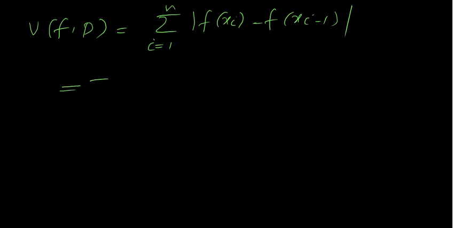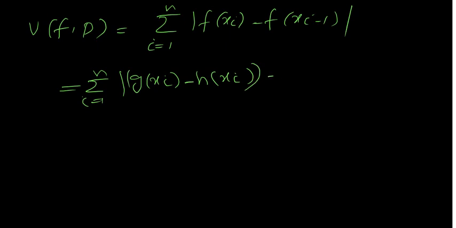This is equal to the summation of mod of, f of xi is equal to g of xi minus h of xi, because f is equal to g minus h, minus f of xi minus 1, which is equal to g of xi minus 1 minus h of xi minus 1.